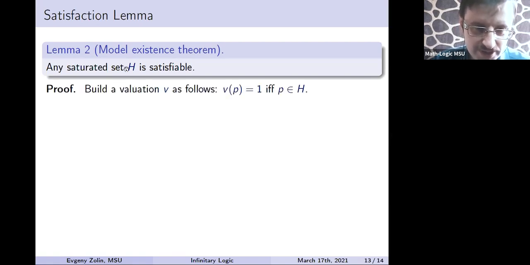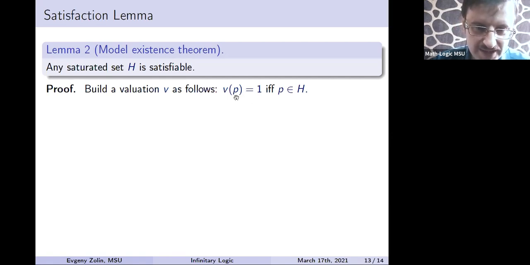So assume that H is a saturated set. We prove that there is a valuation that makes this set true. All formulas from H will be 1. The valuation will be as follows.